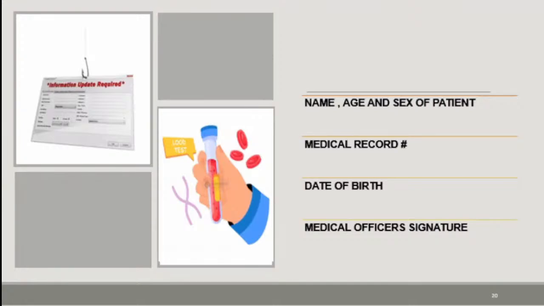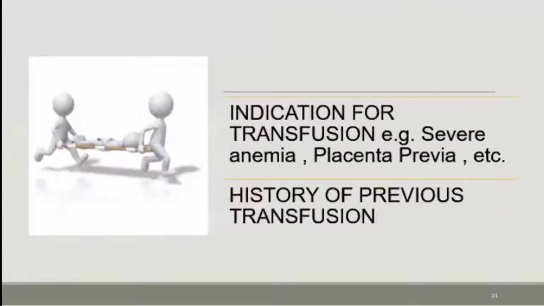So this slide is just another reiteration of what we are requiring with our requisition form and all of the necessary information. We would like for you to also put on the form the indication for transfusion, whether it's a severe anemia or some other condition.